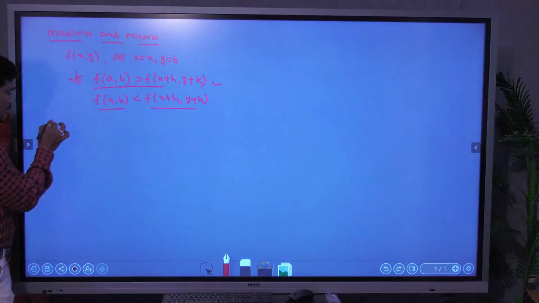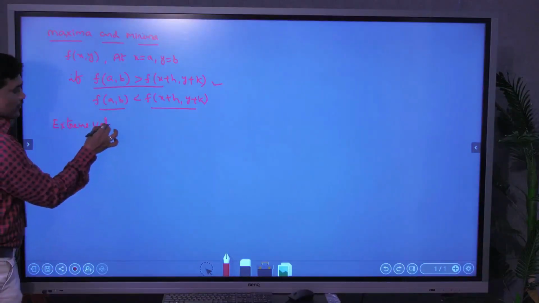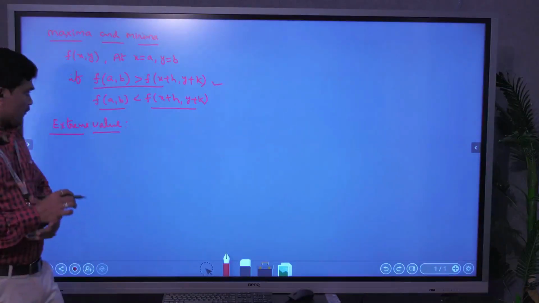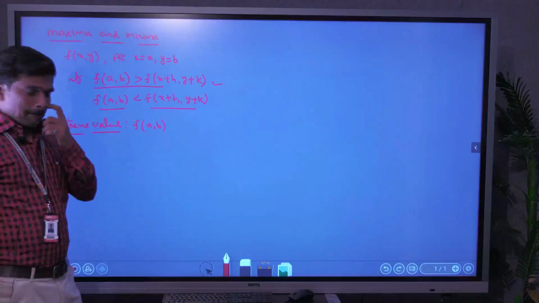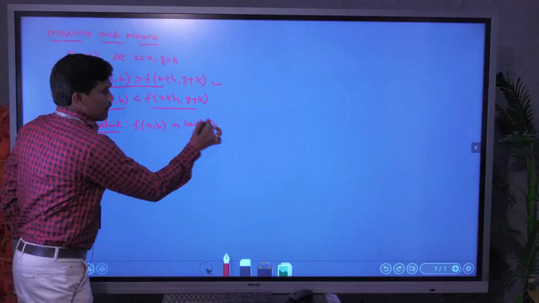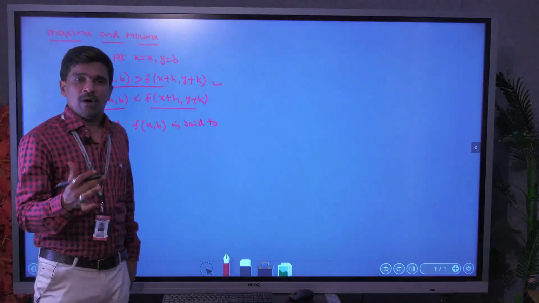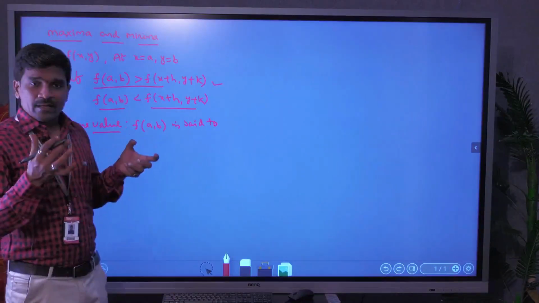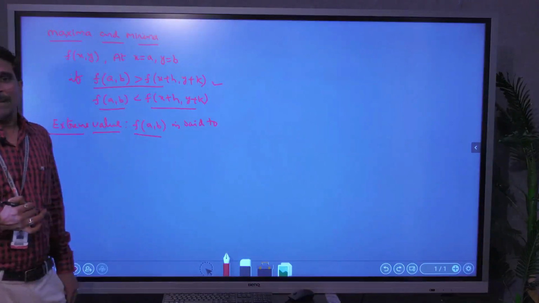Next, the definition of extreme value. So what is an extreme value? f(a, b) is said to be an extreme value if it is either a maximum or a minimum. Wherever we get a maximum or minimum, that f(a, b) is an extreme value.